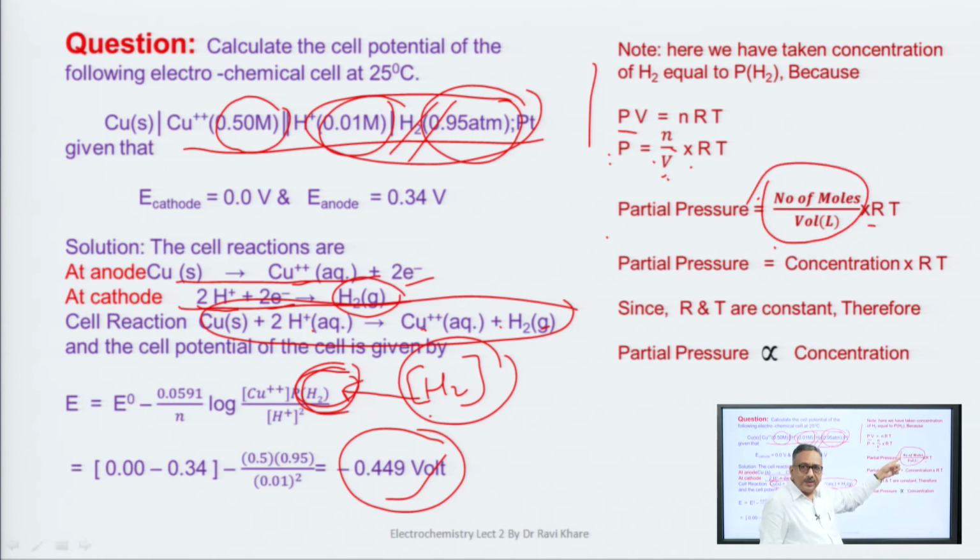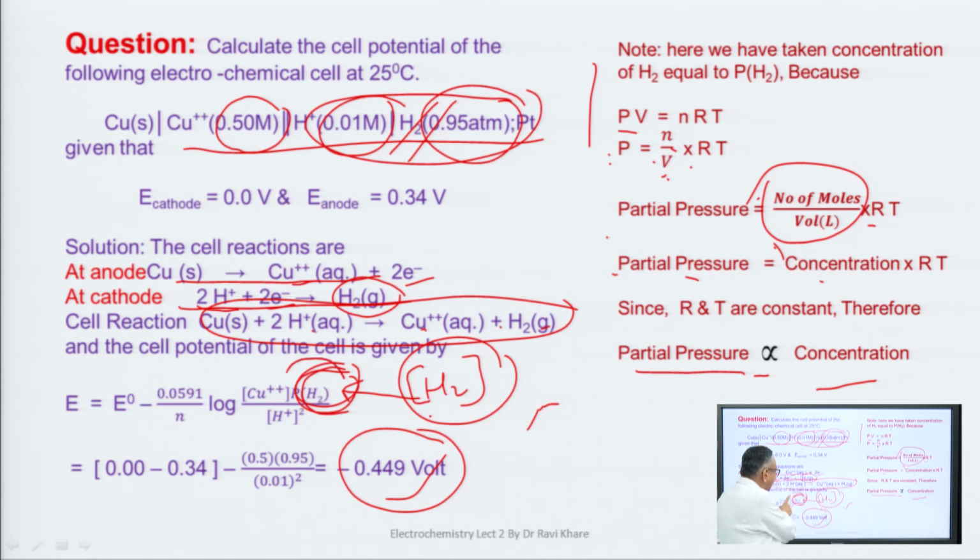This is concentration in moles per liter. Therefore, partial pressure is equal to concentration times RT. R is the gas constant, T is constant. Therefore, R and T are constant, so partial pressure is directly proportional to concentration. That is why we have taken the value of partial pressure in place of molecular concentration or active mass of hydrogen. This is the reason.